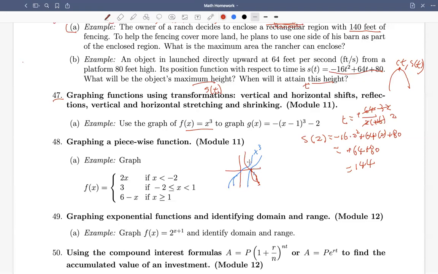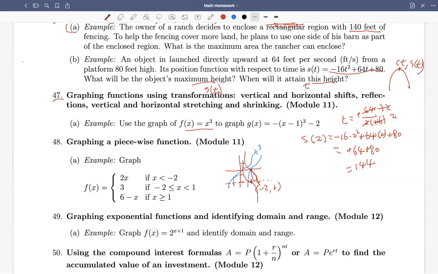Then we shift this graph down 2 units. So let's see, this is 1, this is 2. We shift this graph down 2 units. Now the new point is here, at 1, comma negative 2. It will wiggle at this point.